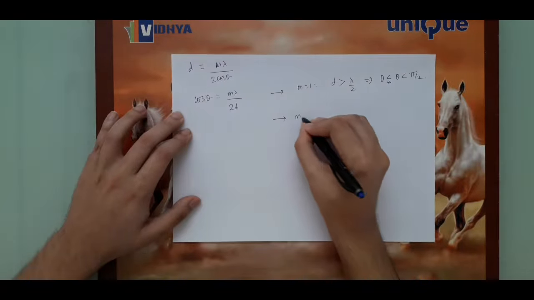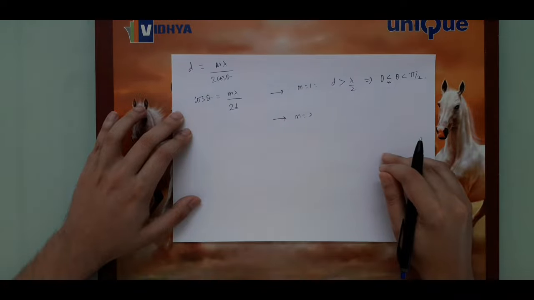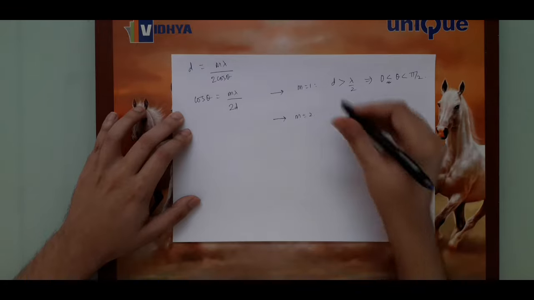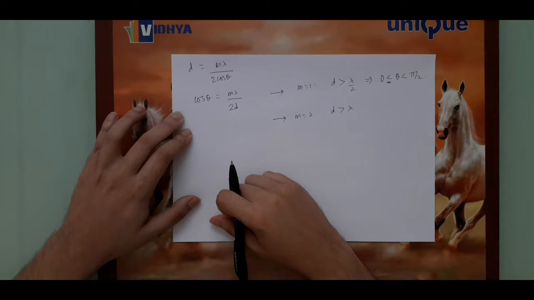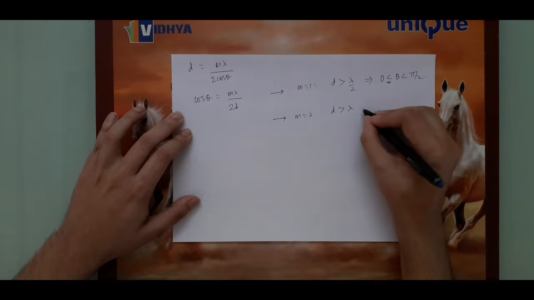So suppose I have m equals 2, what will happen? To have cos theta less than 1, d should be more than lambda or something of that kind.